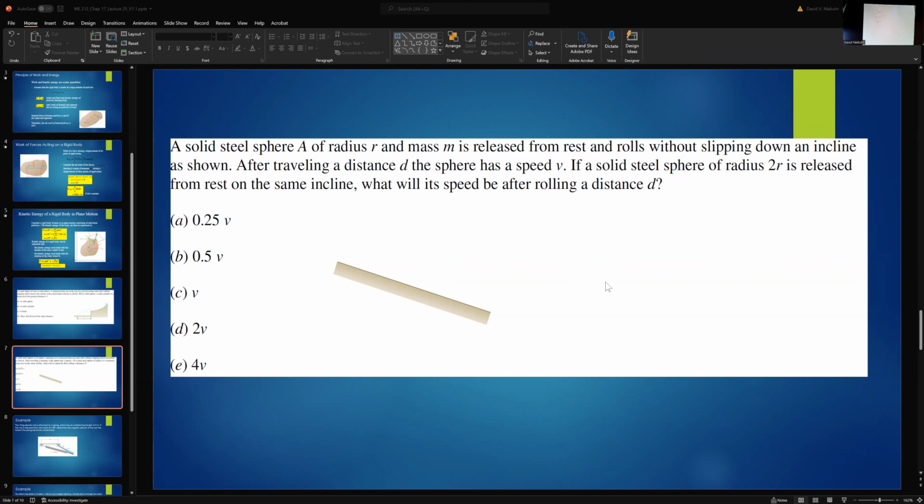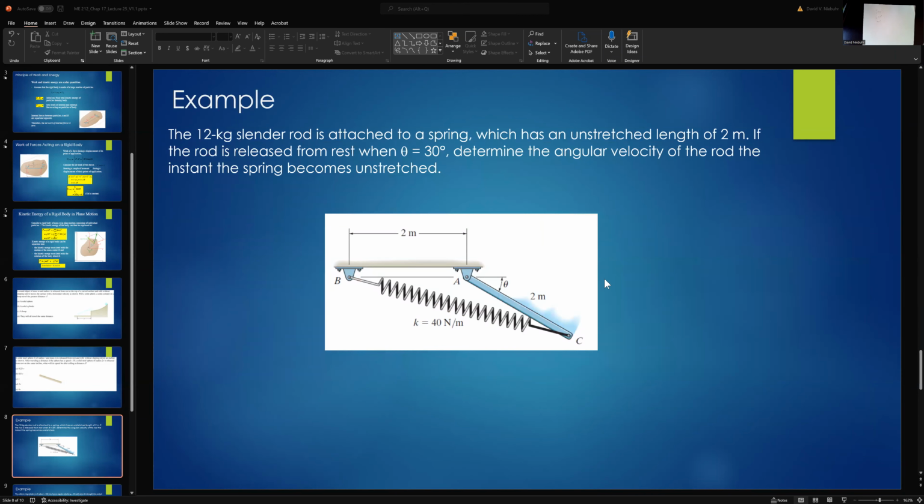Okay, let's do an example now. We only have a couple of new concepts, and I posted the sheet for this on Canvas, so you should have this problem. In this case, we're looking at an object where we have a spring that's stretched.